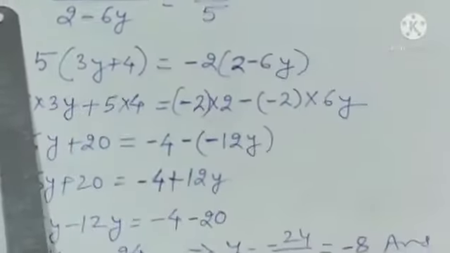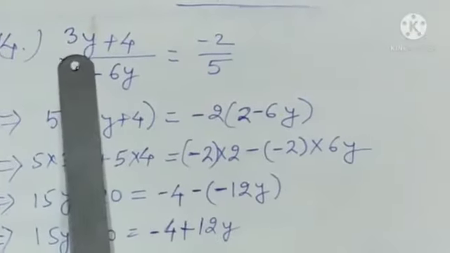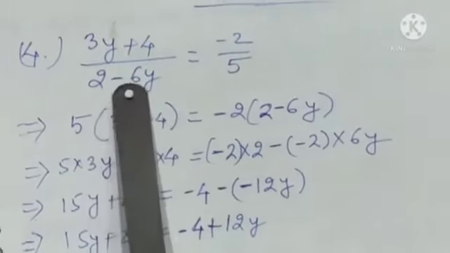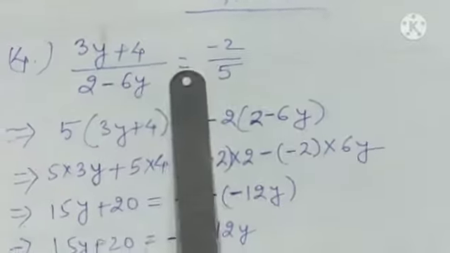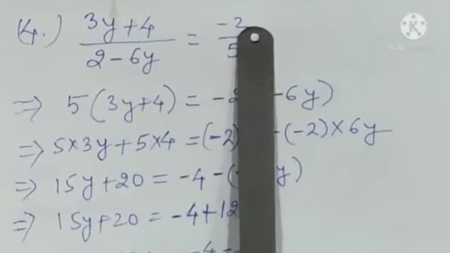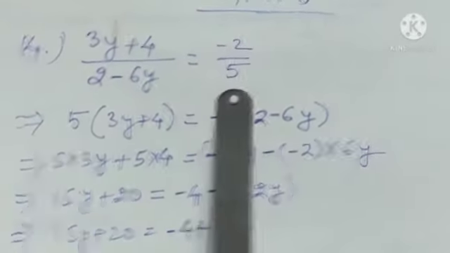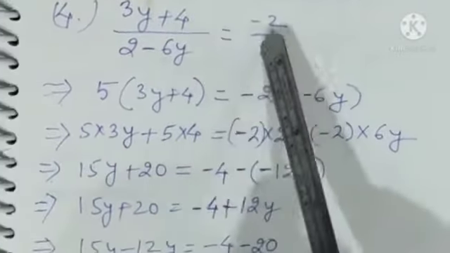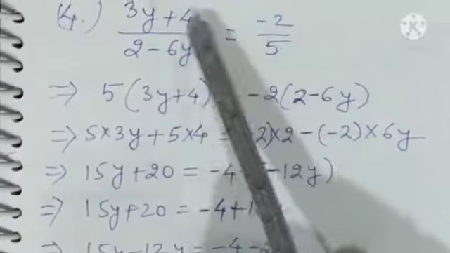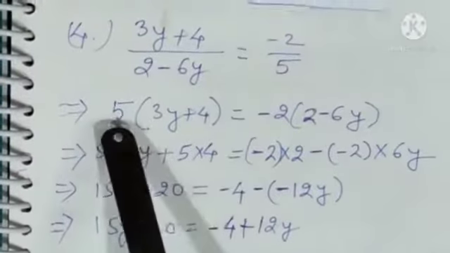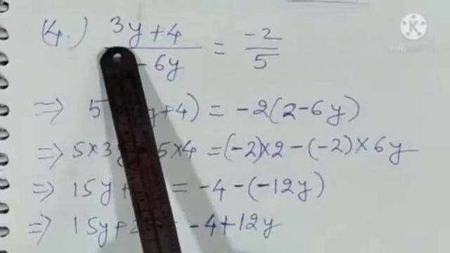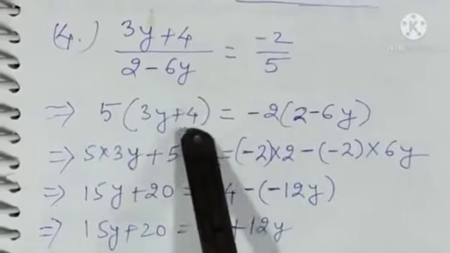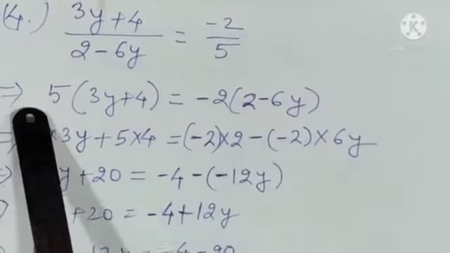The question is (3y + 4) upon (2 − 6y) is equal to −2 upon 5. Now simply you cross multiply. We take 3y + 4 in a bracket, multiplied by 5.